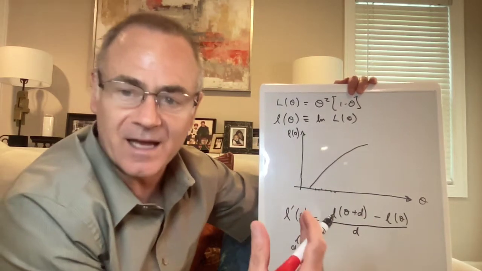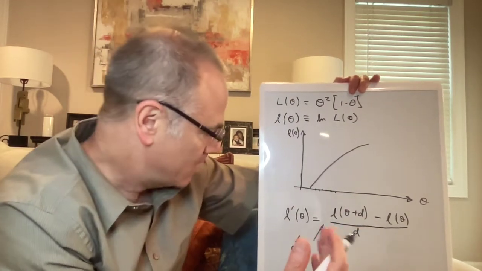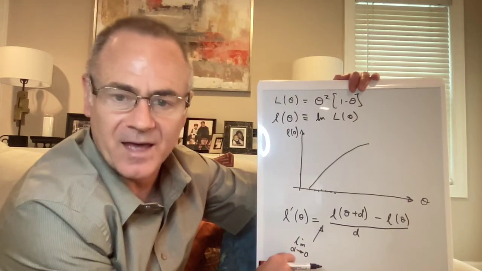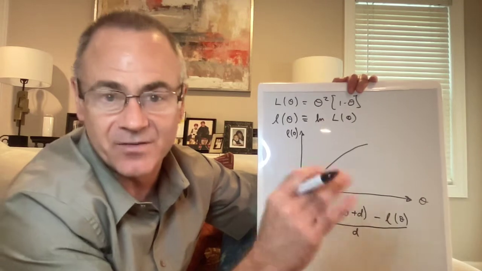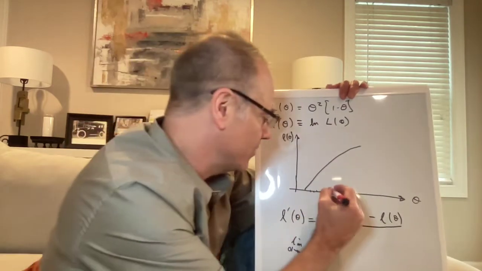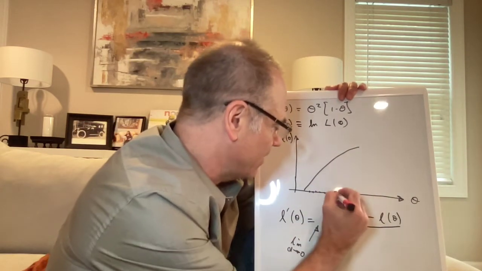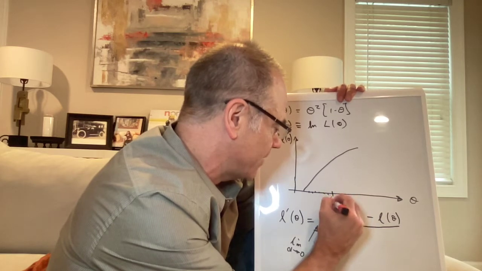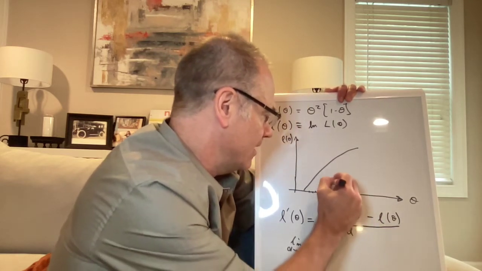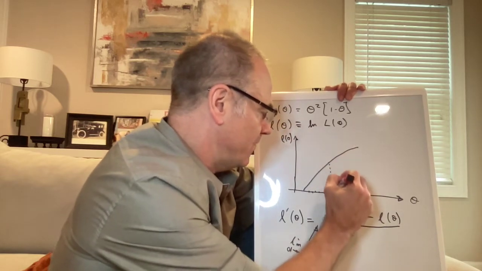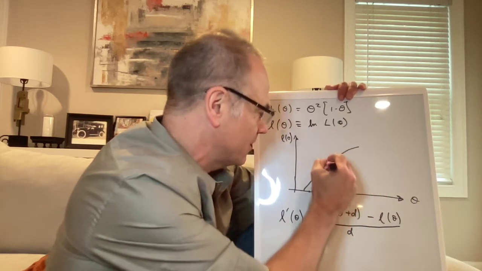Now, when I say a numerical derivative, rather than literally take the limit as d equals 0, we're just going to pick a d that's very, very close to 0. So we pick a theta and a theta plus d, and feed them into the computer or the Excel spreadsheet.